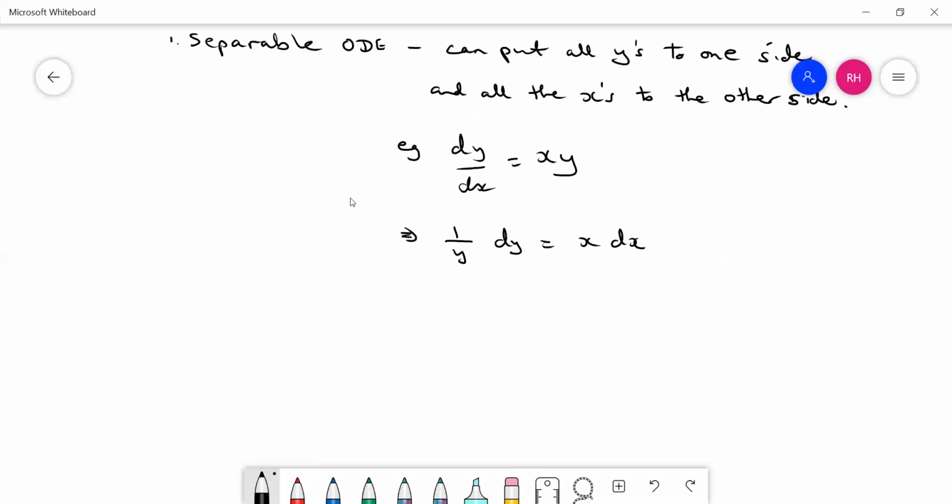Remember, I'm not showing you how to solve these. If you've got questions on how to solve, you can comment or email me, and I'll do another video. Solution: you integrate both sides. You literally just put an integral sign there, an integral sign there, and go from there. Okay, so that's that one.